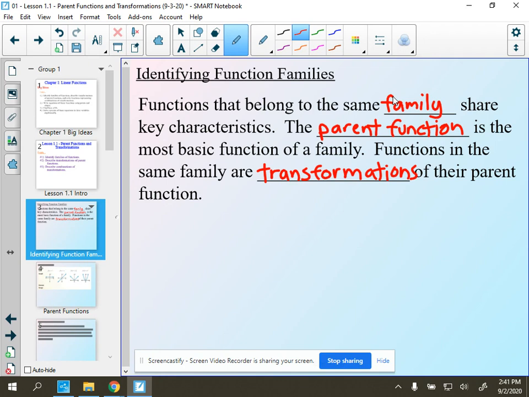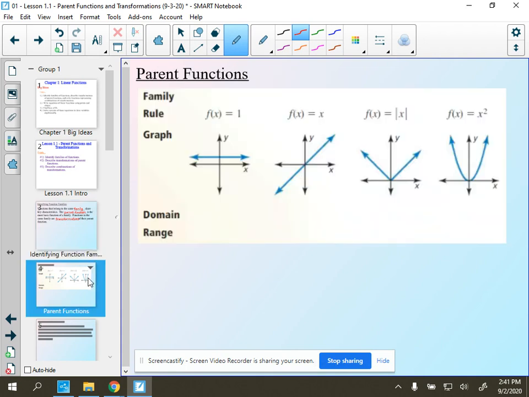We flip it, we stretch it out, we slide it. So those are some of the different transformations that we'll look at. Basically, we've got different groups, types of functions, and anything else as part of that family are transformations of that function. Okay, so let's actually take a look at some of these types here.